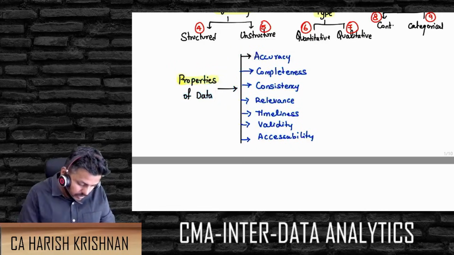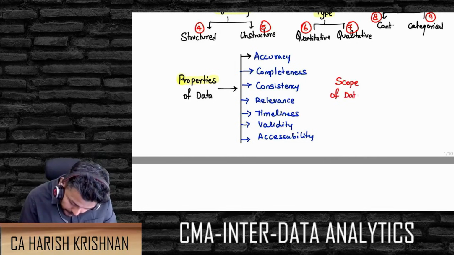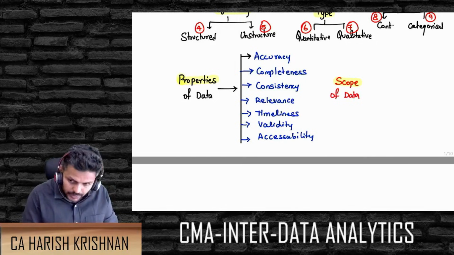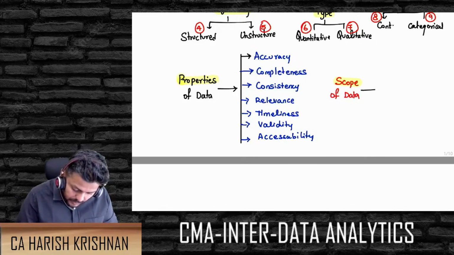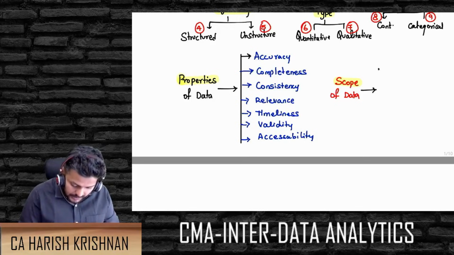We will also write about the scope of data. Just again a similar exercise for doing what is called the scope of data. We'll take a set of points here.